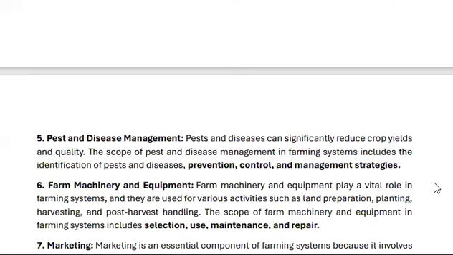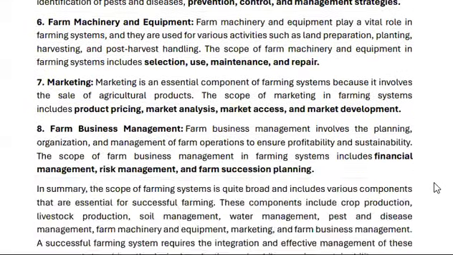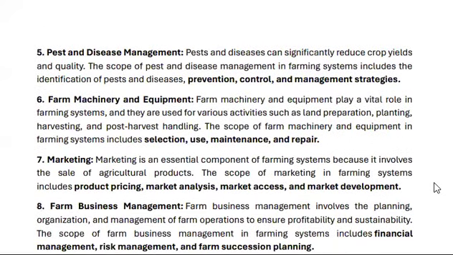Another component of farming system is pest and disease management. Pests and diseases can significantly reduce crop yields and quality. Tama naman. Pinakamalaking problema natin sa pagproproduce ng ating mga halaman or pagtatanim ay ang mga peste at mga sakit.